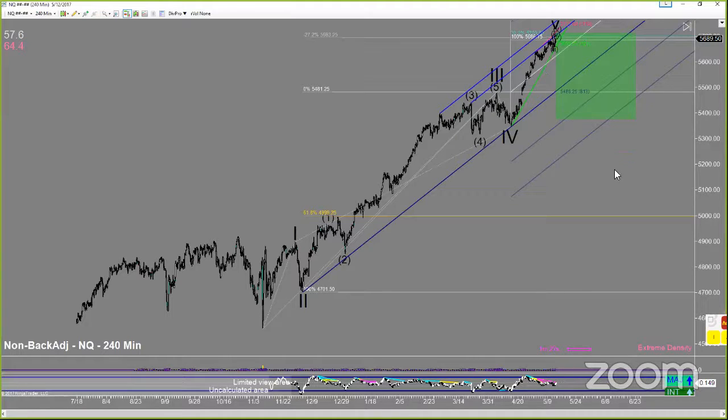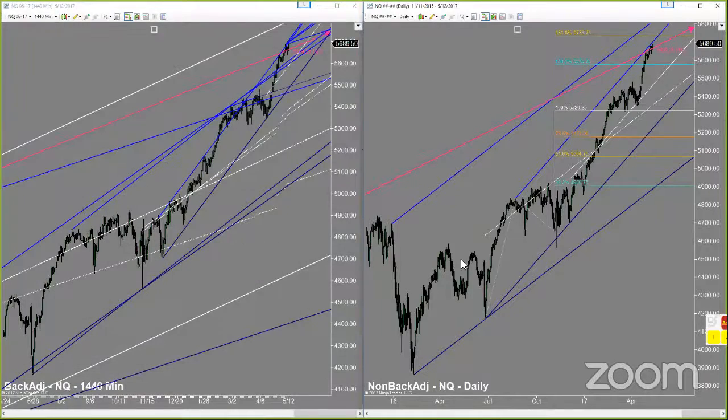And that would line up well with coming back into the previous corrective low. So to make it back down into this area would be pretty likely after making such a massive move to the upside and having such really nice ratios here, swing relationships. So let's look at the weekly and the daily.